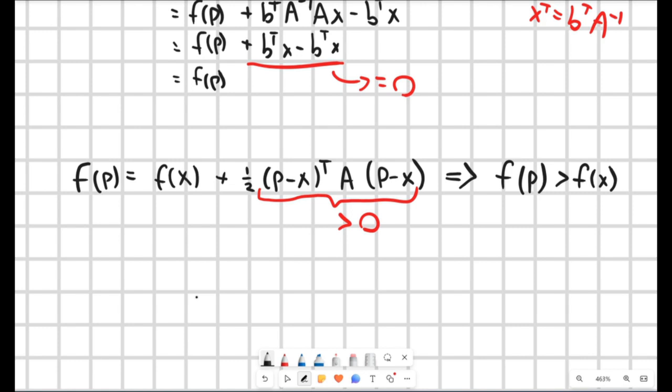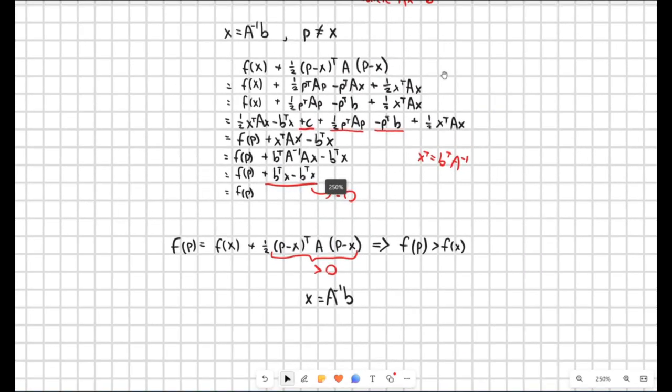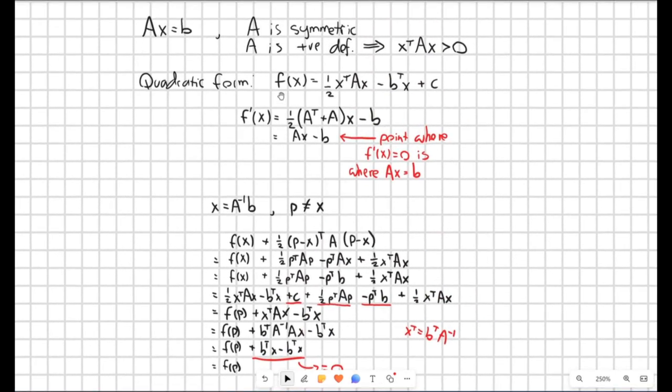Okay, so the value x, which is defined as being equal to A to the minus 1 b, we said lies at the minima of f of x, which means that as an optimization problem, it's actually relatively easy because f of x has just a single minima.